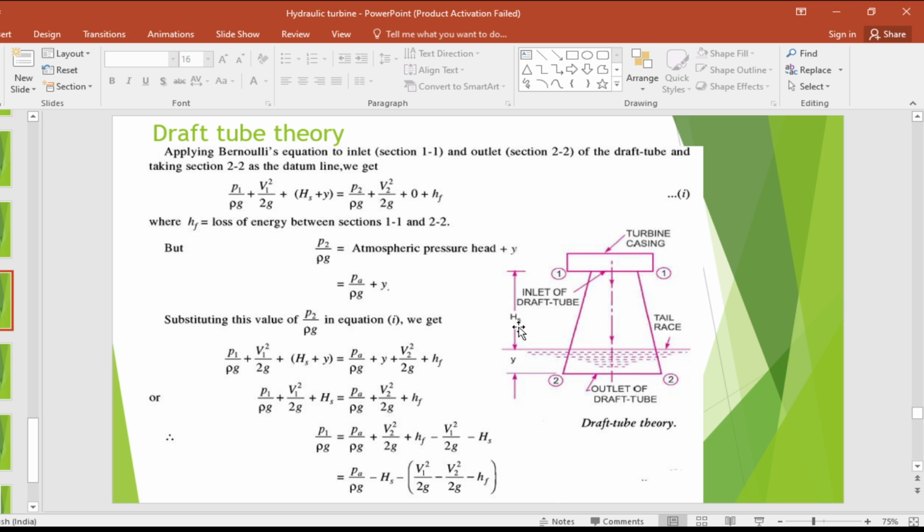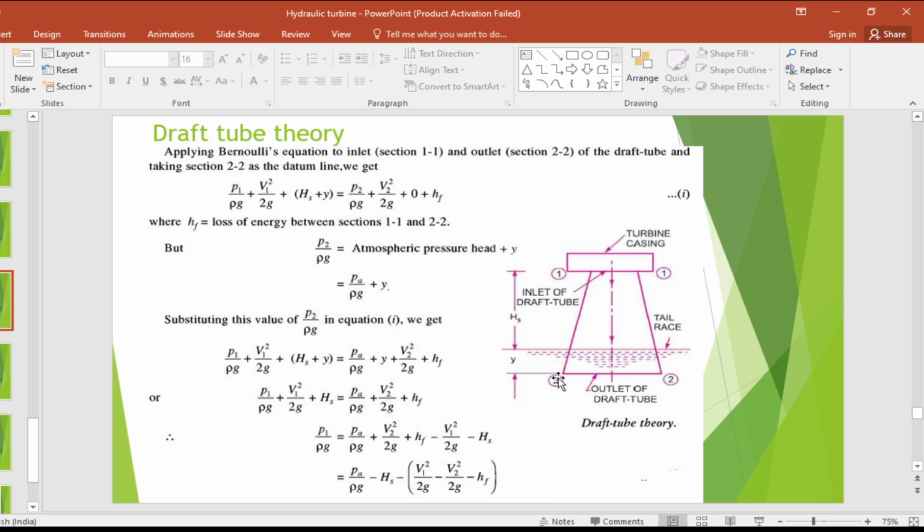Now the two sections are there, section 1 and section 2. Here we are assuming both the sections, and at both the sections we are going to apply Bernoulli's equation, at this inlet and this outlet of the draft tube.